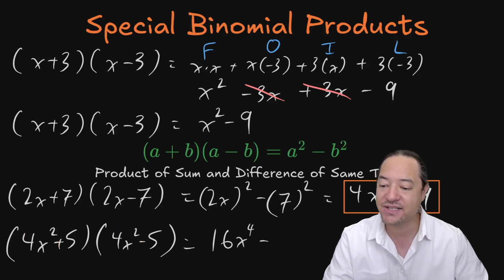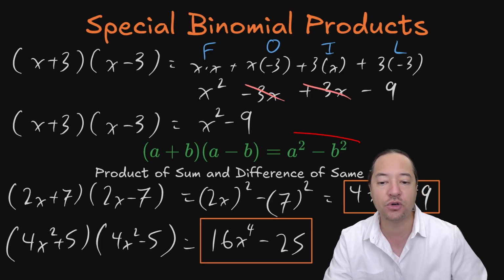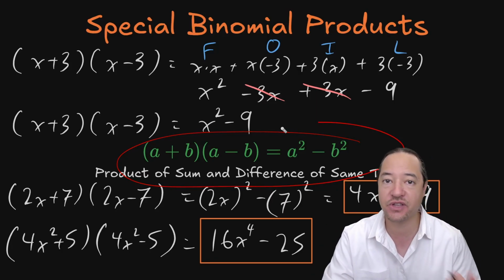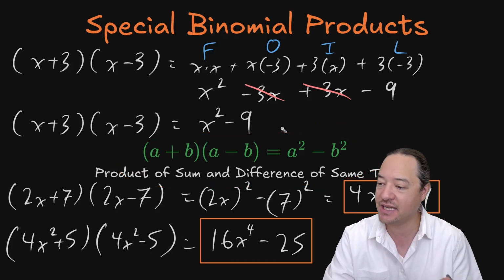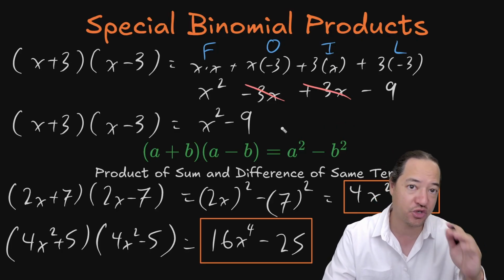And then minus, well, 5 times 5 is 25. So there we go. That's how we can use this rule to multiply 2 binomials that follow this pattern of a plus b times a minus b.